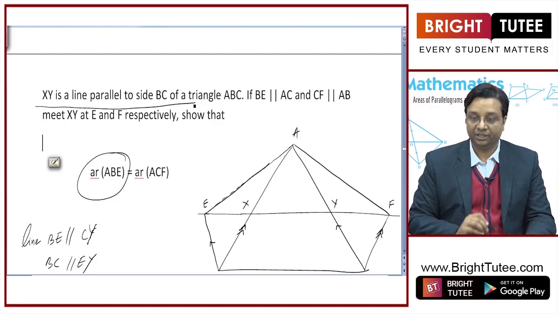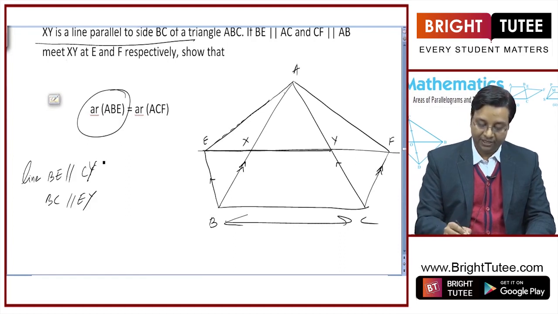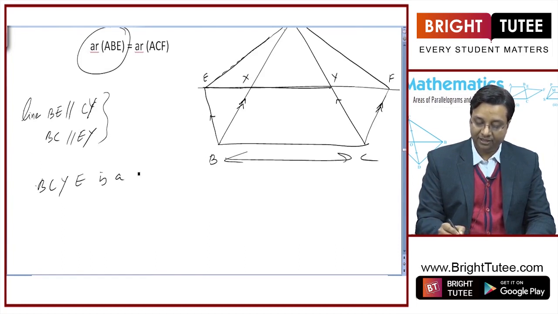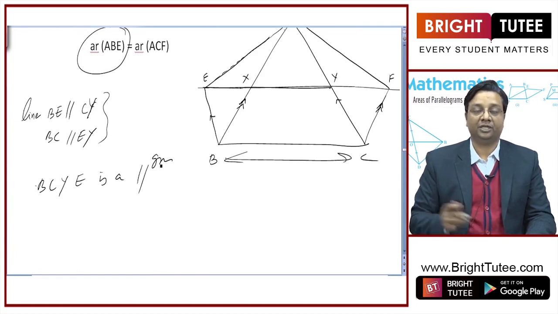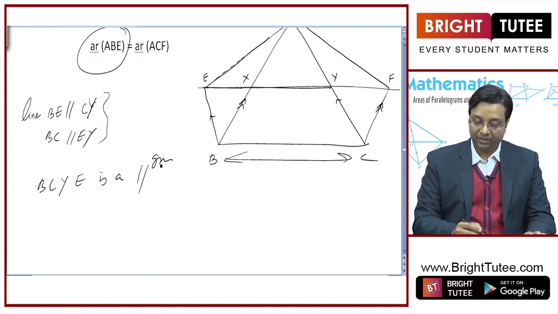XY is a line parallel to BC, so can I say BC is parallel to this line EY also? Yes. If these are parallel, BCYE is a parallelogram because pair of opposite sides are parallel to each other. So it is a parallelogram.